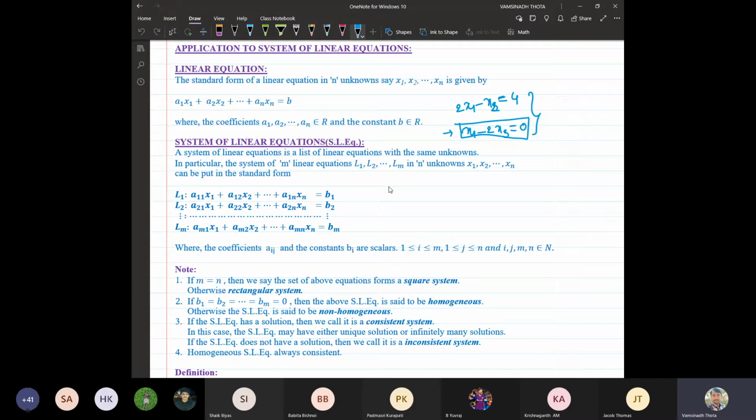Now let us see, suppose the number of equations and the number of unknowns are very large. For example, if I gave 100 equations in 100 variables, is it a good thing to find the solution for the system using Cramer's method or the inverse method? It is not always.